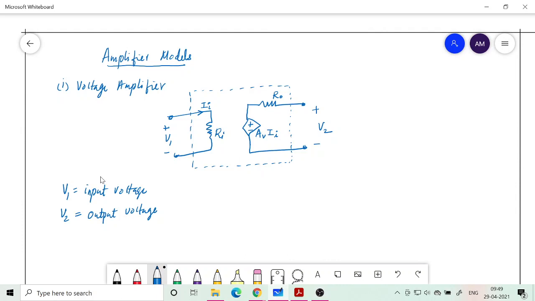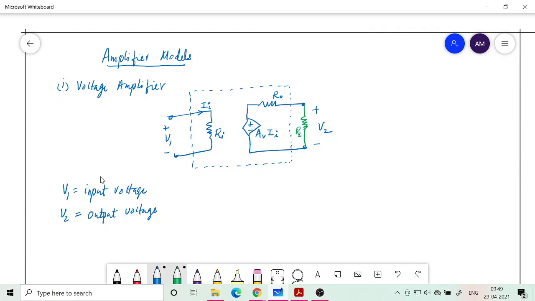Okay, so now in order for amplification, a voltage amplifier, we need to be able to get an output voltage across some load. So that load we need to put in externally, which is not part of this model, but whenever we want to take an output voltage, we will have to use a load resistance.